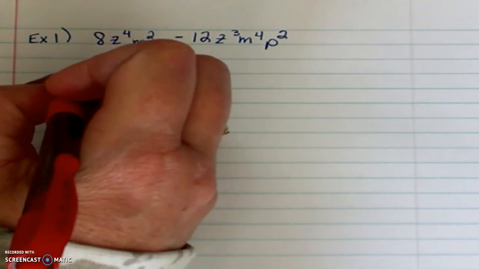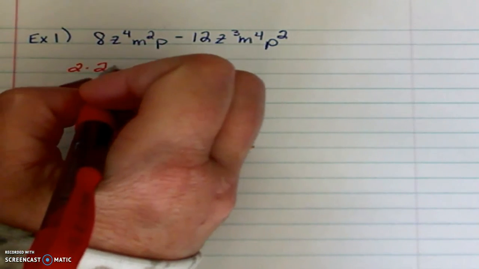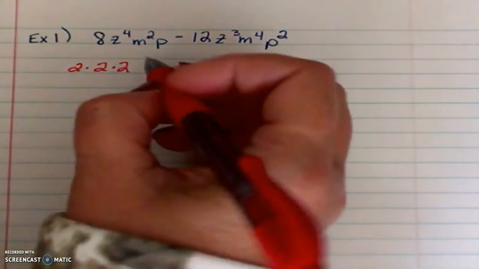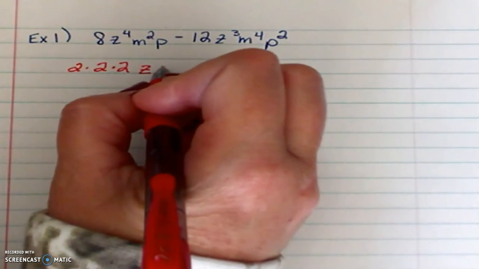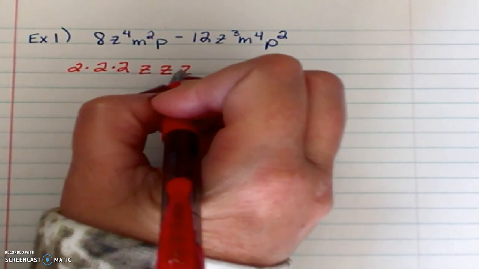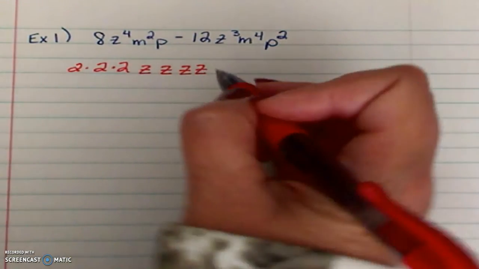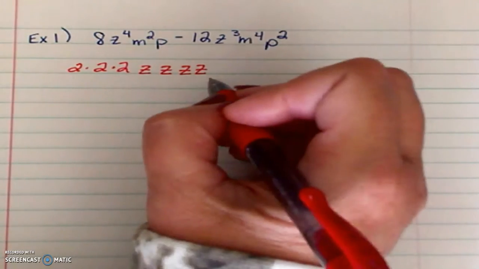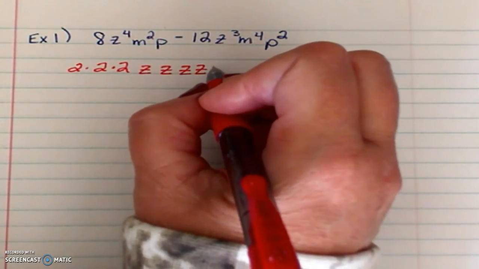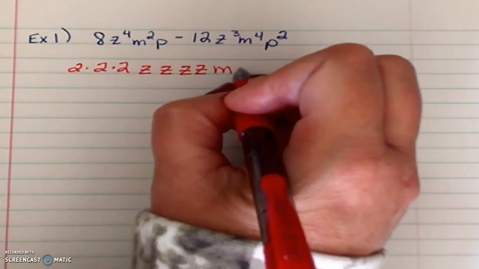So 8 is 2 times 2 times 2. You have z to the 4th, so I'm going to put down 4 z's. When you start getting larger exponents, this is why you don't want to write it down all the time. But just to get us familiar with the process, I'm going to write it down.